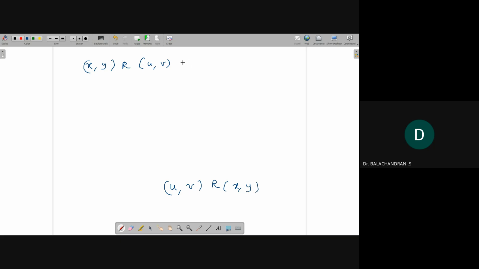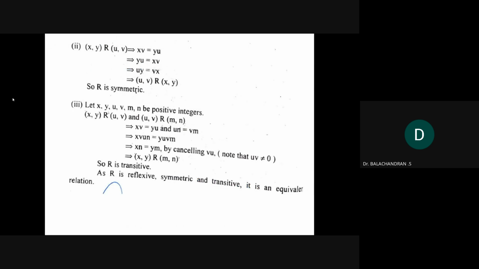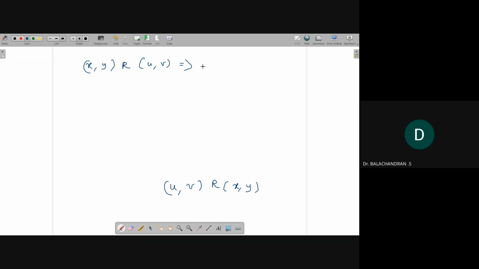So this implies, what you have, first into last equal to second into first: x into v equal to y into u. So I want to prove this one. What is the meaning of this? First into last, u into y is equal to second into first, v into x.